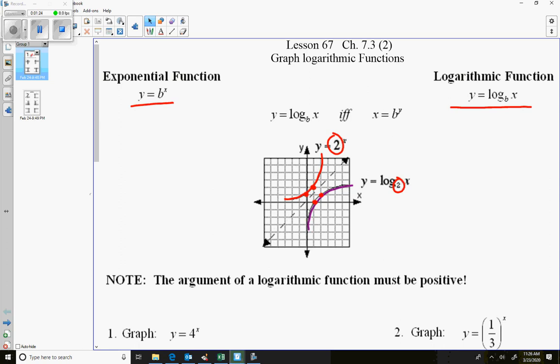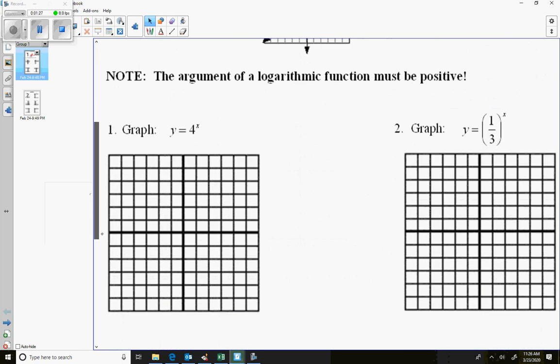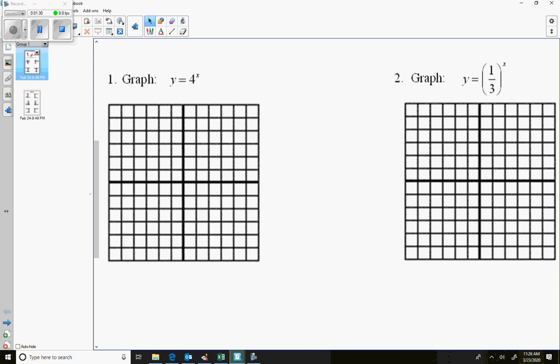So with that in mind, I would begin with the exponential functions. So y equals 4 to the power of x. Not worried about any shifts at the moment. I just want to start with the basics. Through that starting point, we have a horizontal asymptote.